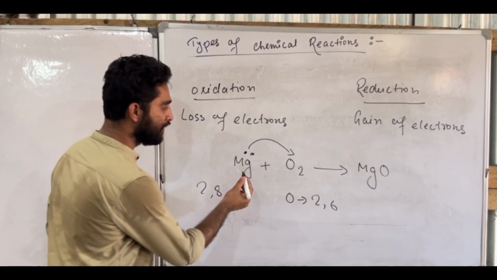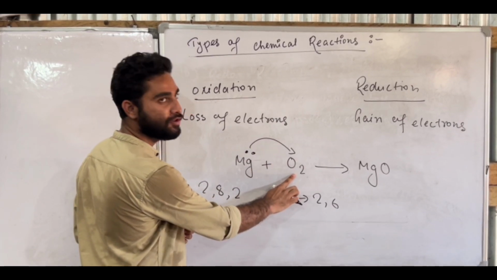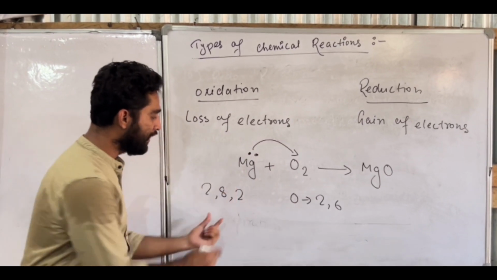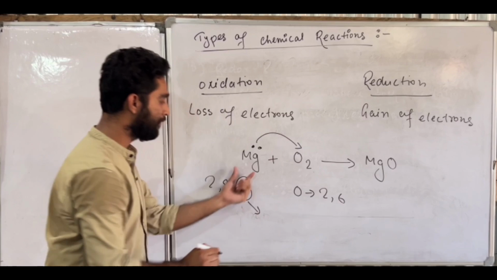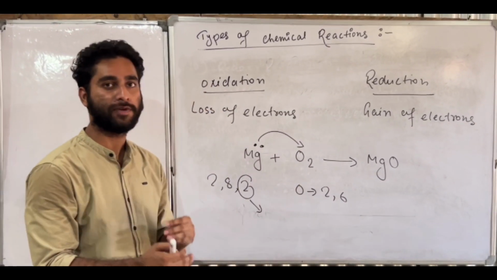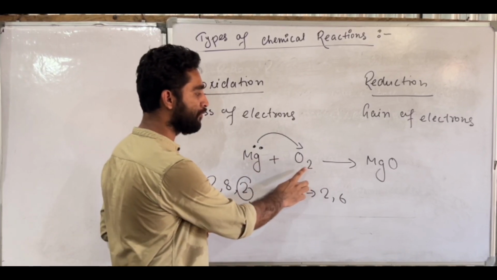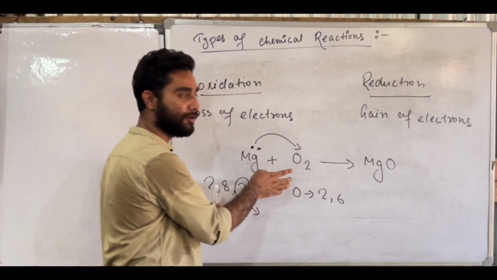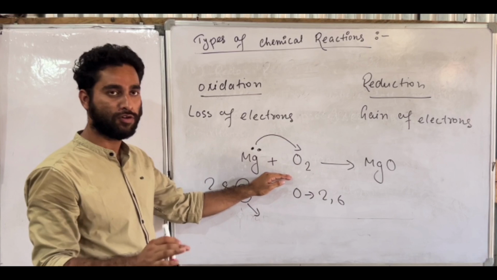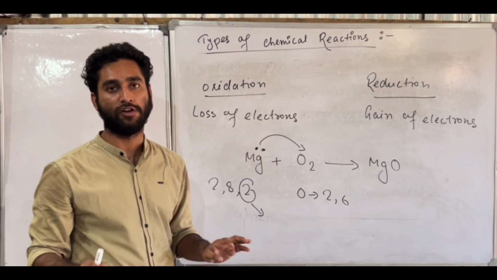So the magnesium has donated the 2 electrons to oxygen. By donating the 2 electrons, the magnesium became stable, and by accepting the 2 electrons, the oxygen also became stable. This is an example of oxidation, but I told you that oxidation or reduction cannot take place alone.